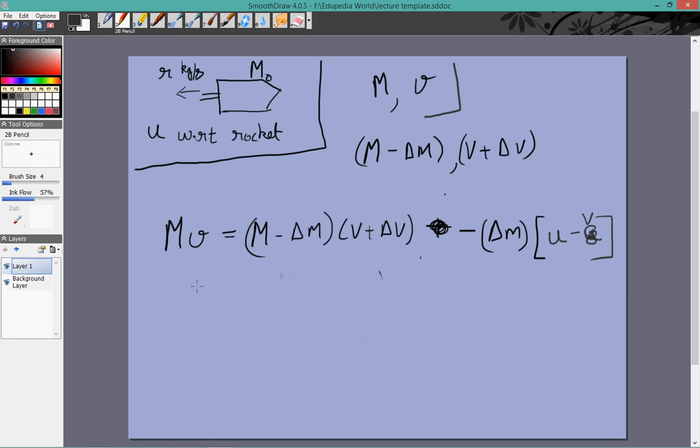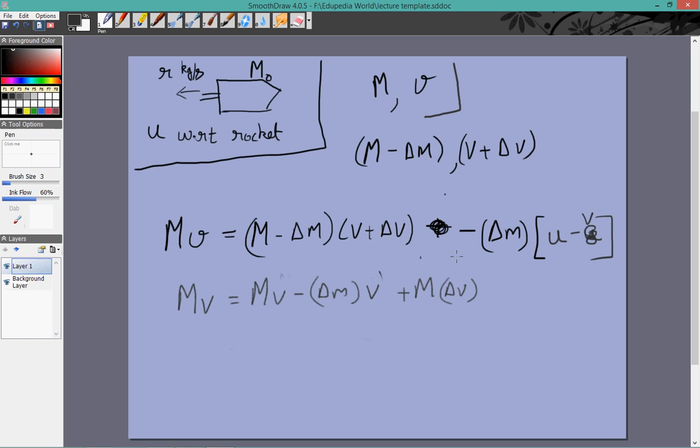So we'll get capital M v is equal to capital M minus delta m times v plus capital M times delta v. Now I'm going to ignore the delta m delta v terms, because we are talking about very small instants and delta should actually be a d, and if we take two very small things, they'll be negligible compared to these.